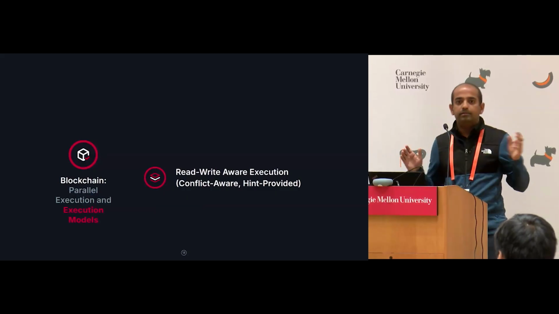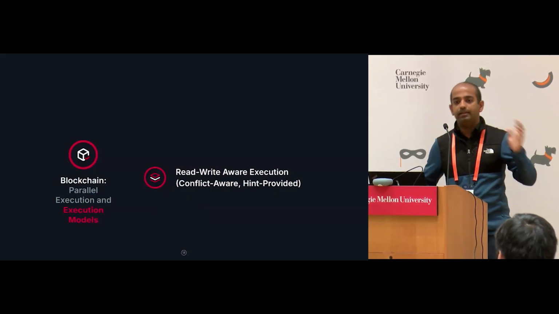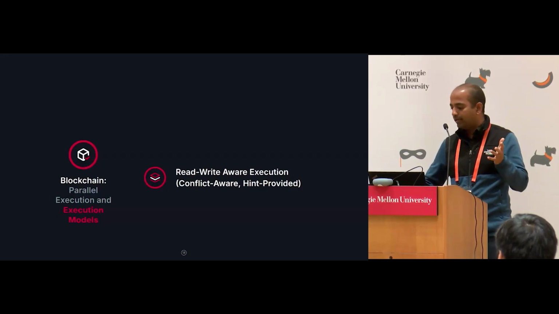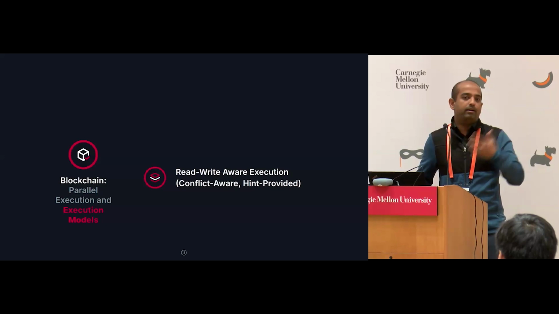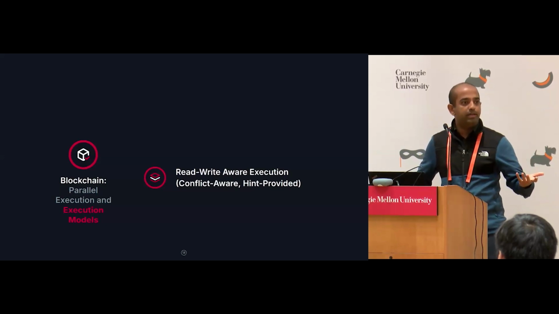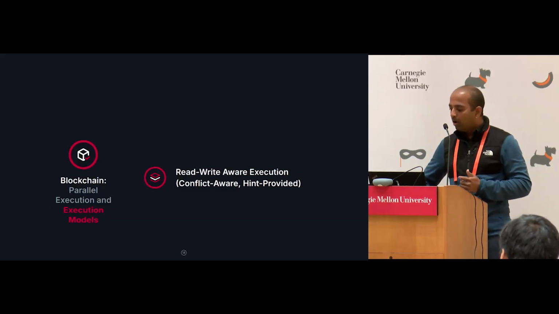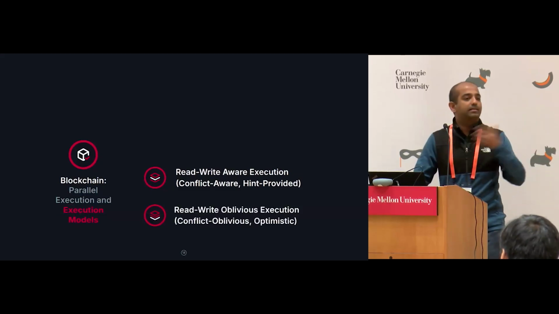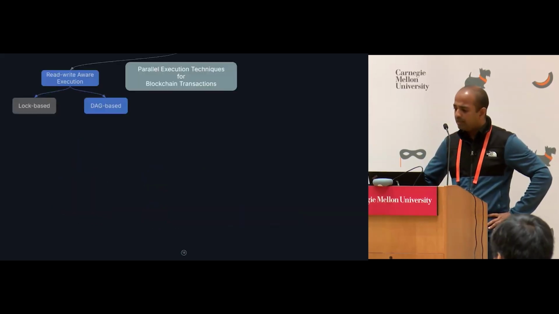The taxonomization of the parallel execution world comes, broadly speaking, in 2 models. One is what I would like to call the read-write-aware execution model, where the transaction data sets are provided a priori as part of the entire blockchain's ecosystem consensus process, or the read-write-oblivious model, where this information is not available and you're just trying to execute based on the preset order at the validator node.